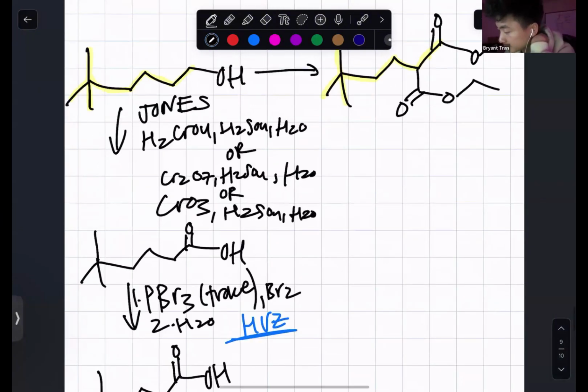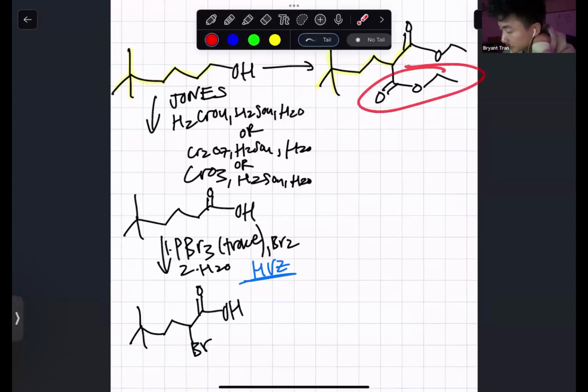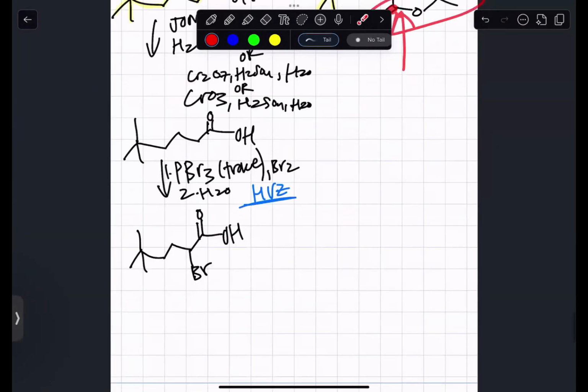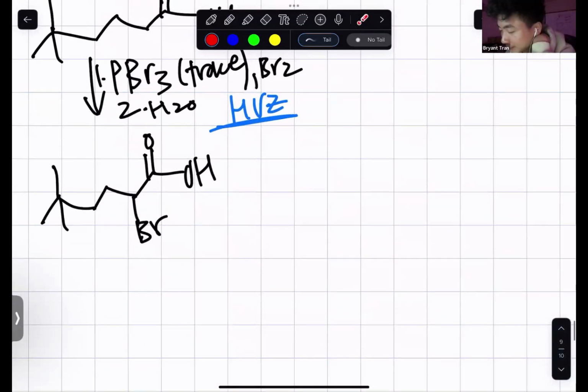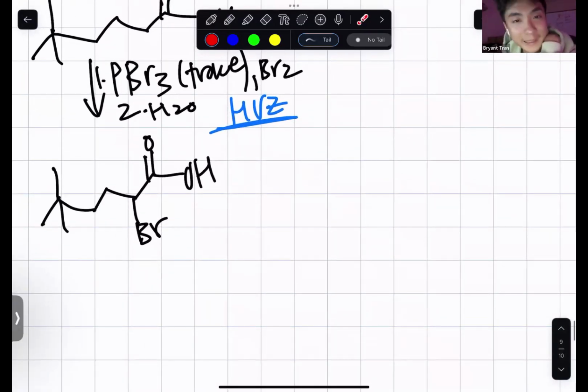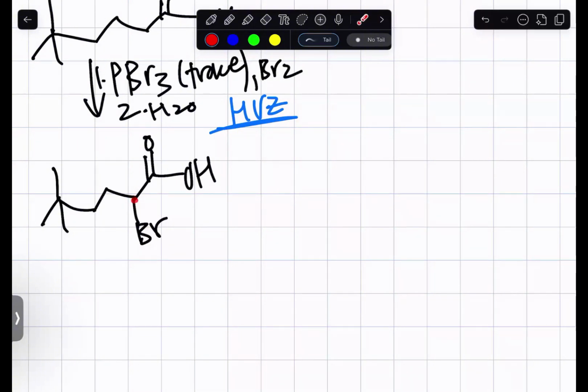Now, you notice how this is an ester right here, where this is an extra carbon. Now we can use one of the methods to create the extra carbon. Do you want to use the Grignard reagent or the hydrolysis of nitrile? There's one way that would only work here. I want to try Grignard.